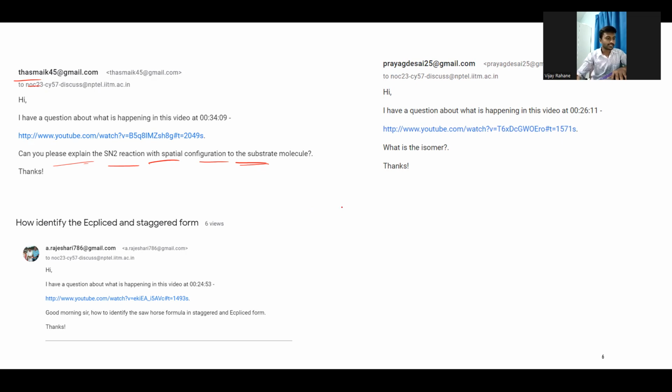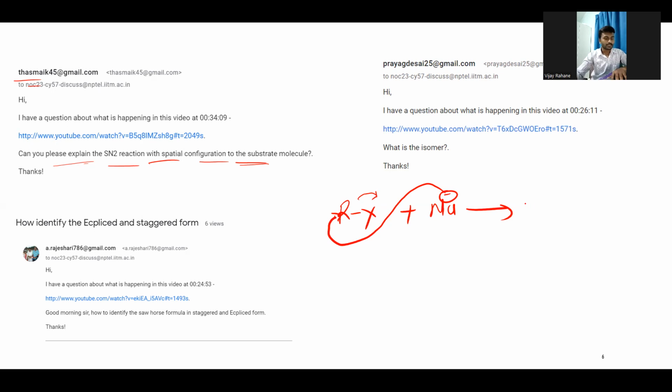SN2 reaction is, let's say if I have the RX and one nucleophile, let's say Nu minus, and in this step, the nucleophile attacks the backside of the substrate, and the leaving group leaves the substrate.